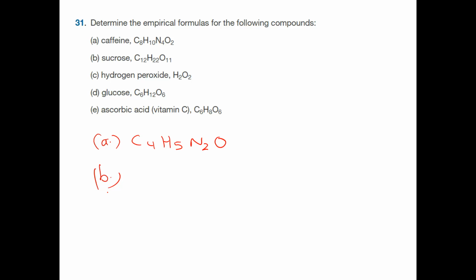For sucrose, it looks like there's no common factor there. We've got 2 even numbers and 1 odd number. So the empirical formula is going to be the same as the molecular formula because we can't simplify.